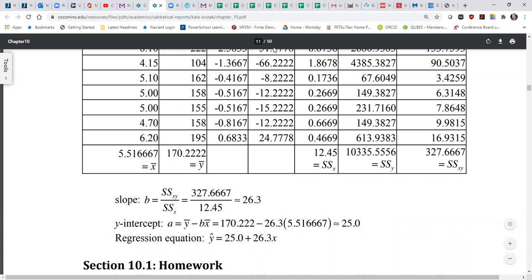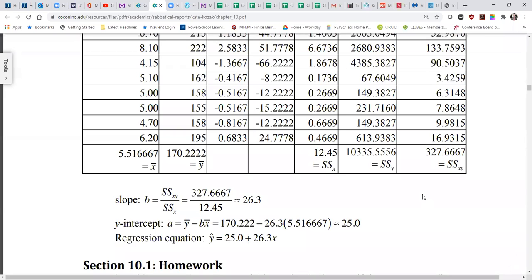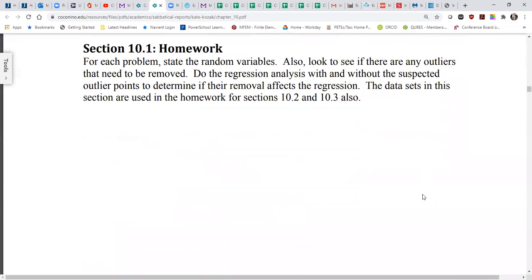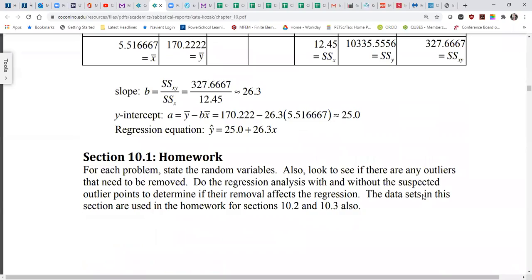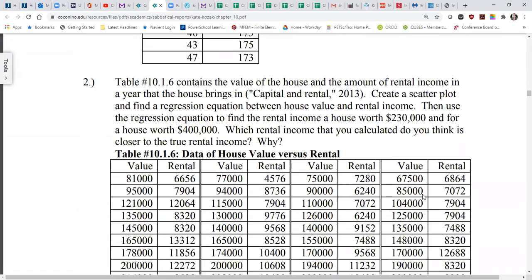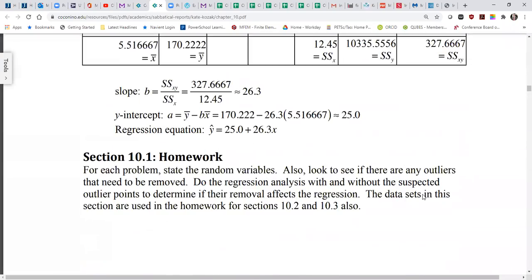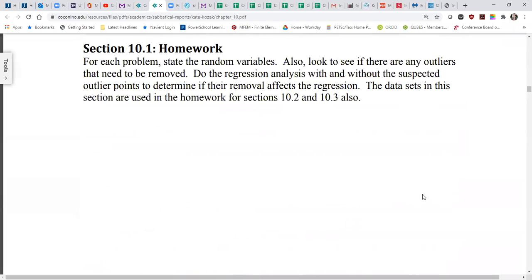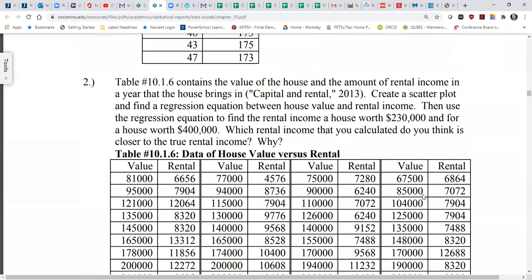I will show you in a minute, okay? So this is about regression. The regression is looking for the correlation, okay? You can use the graph or you can use the formula, okay?